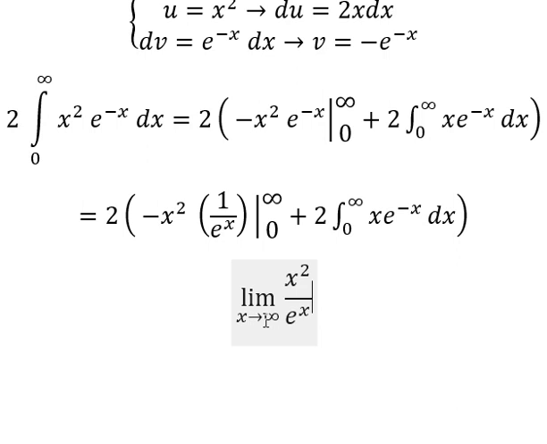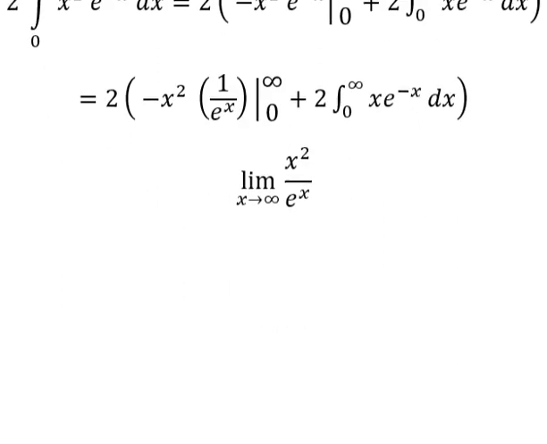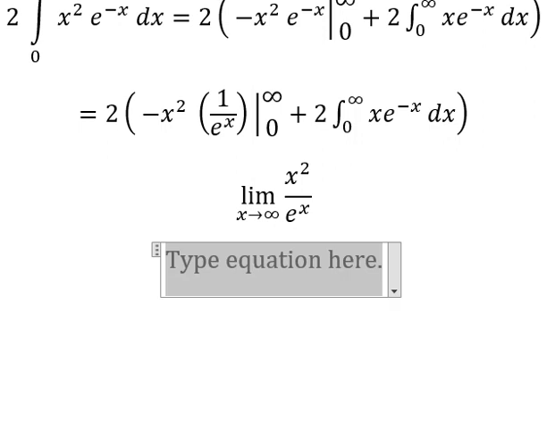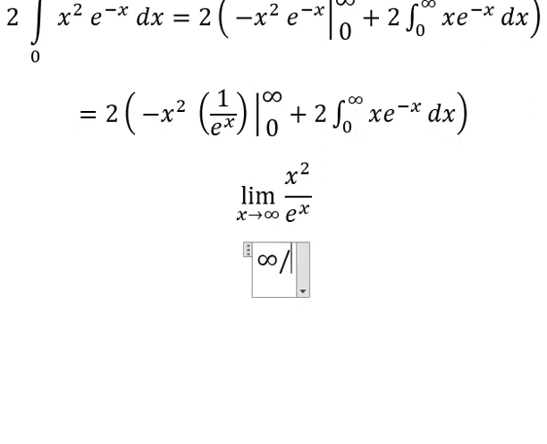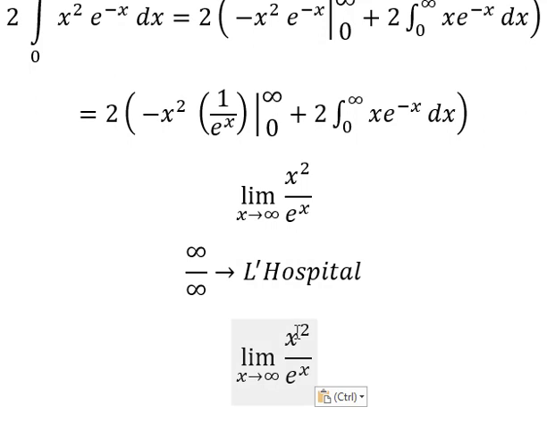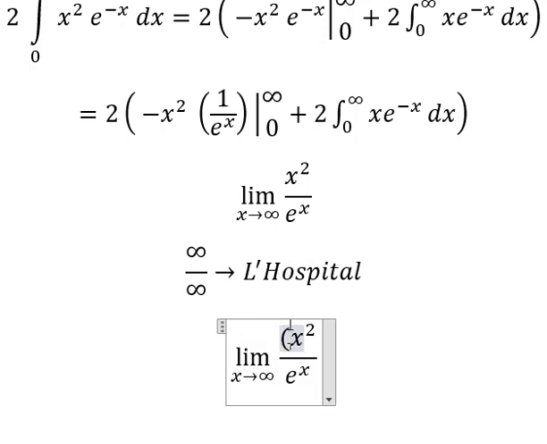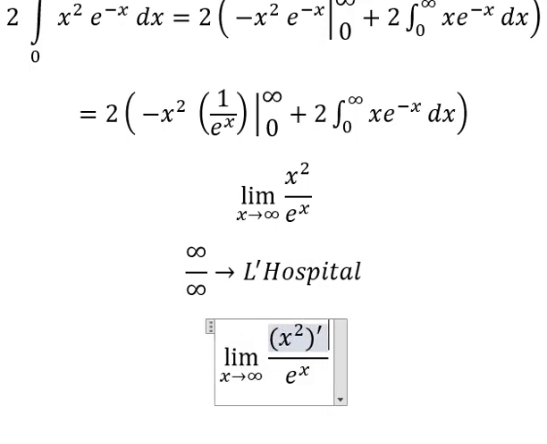When s approaches positive infinity, this one will go to positive infinity, this one will go to positive infinity. So that is positive infinity over positive infinity. So we can use L'Hospital. That means we need to do the first derivative on the numerator and the denominator.